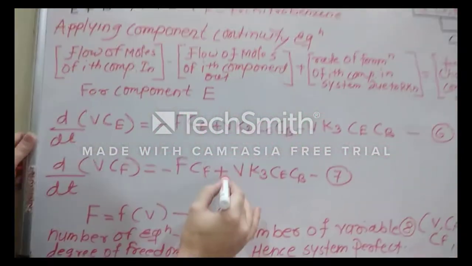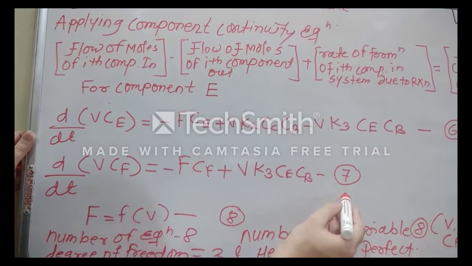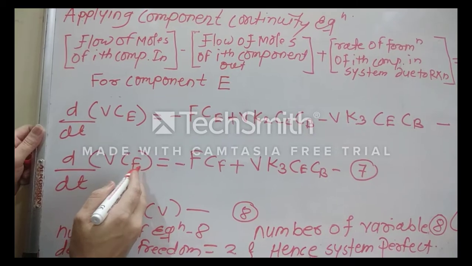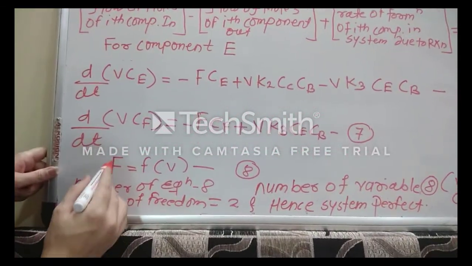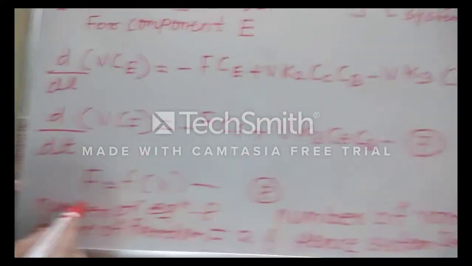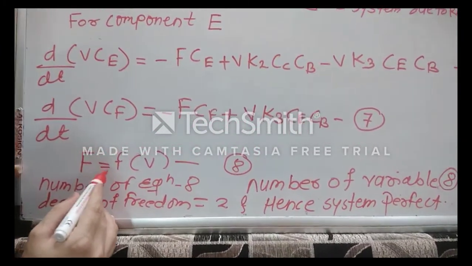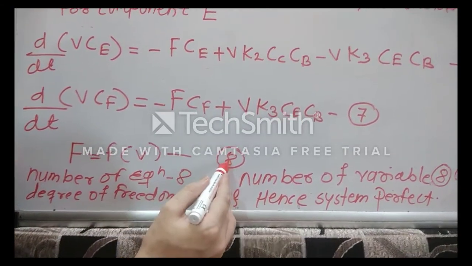That's why this term will be plus, and hence equation 7 gives the component continuity equation for component F. Now the next equation is a functional relationship or flow relationship. F is the outlet flow rate, and this outlet flow rate is a function of the hold up of the reactor, and this gives us equation 8.